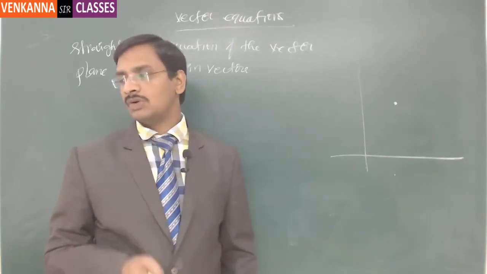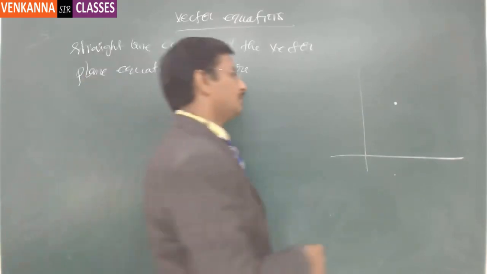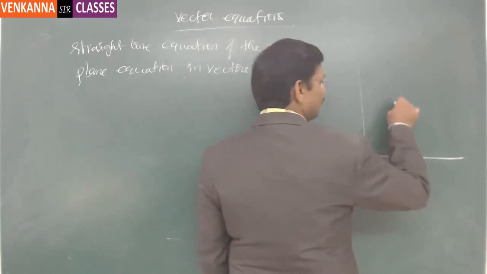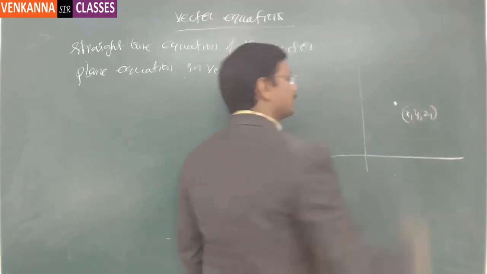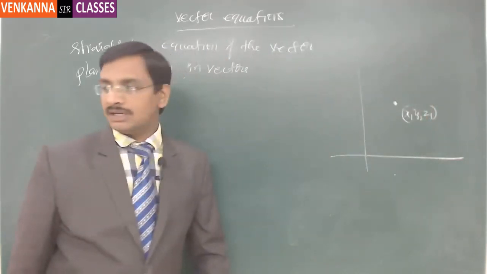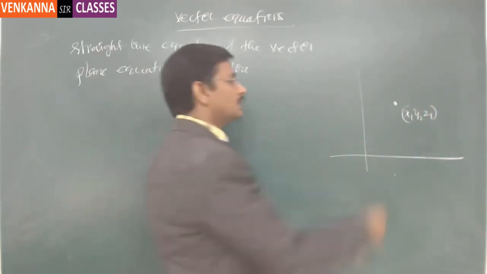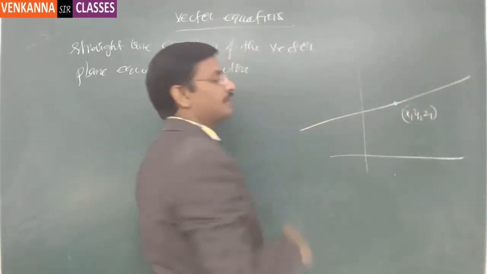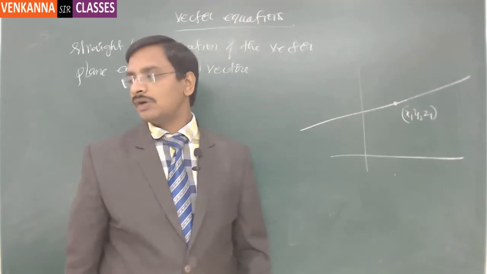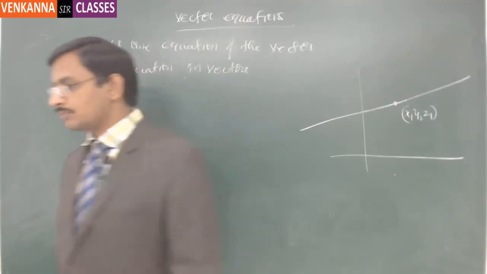That is how the question is going to be asked. Now let us say x1, y1, z1 is the space point through which the straight line is passing and it is parallel to a certain direction. So let us say this is the straight line for which we want to find the equation.